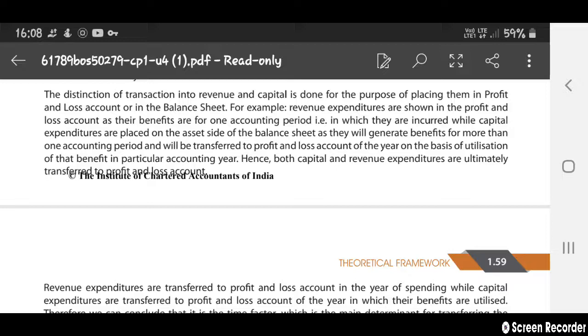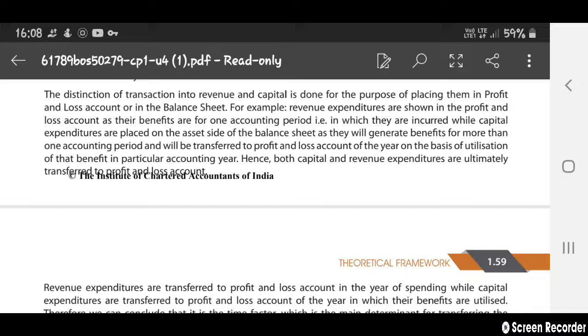For example, revenue expenditures are shown in the profit and loss account, as their benefits are for the one accounting period in which they are incurred. Capital expenditures are placed on the asset side of the balance sheet, as they generate benefits for more than one accounting period.